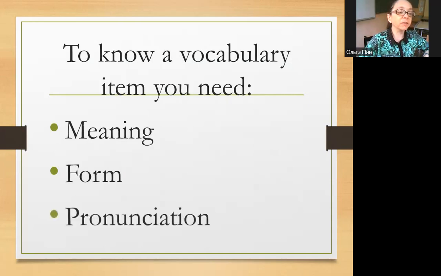And then pronunciation, paying attention to stress, intonation, and strong and weak form of this vocabulary item. So this is why methodologists sometimes say that we need to teach the MPF of the word. MPF stands for meaning, pronunciation, and form.